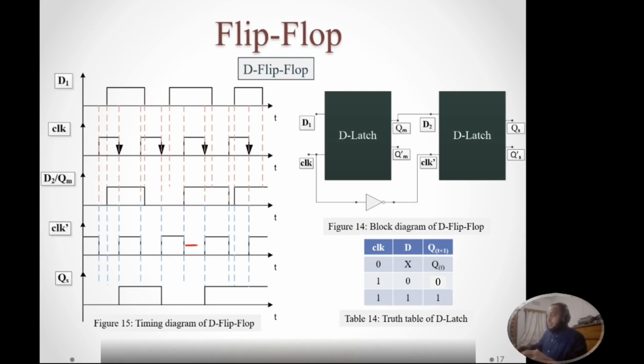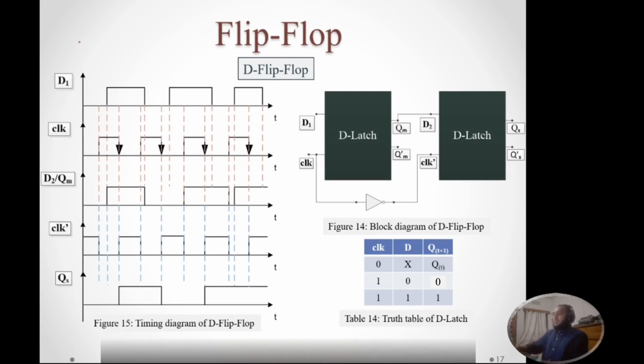From this position to this position, our clock signal is 0, so previous output will continue. And you can complete the drawing using the truth table of D latch. After drawing the timing diagram, you will find something interesting. You will see that this QS is actually depending on the negative edge of this clock. Let's see how.